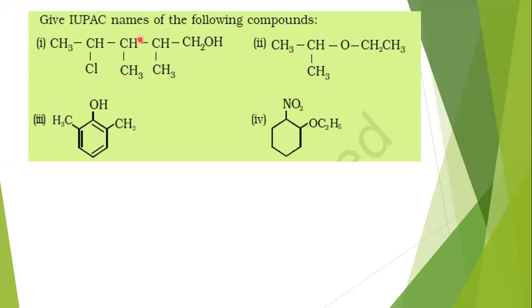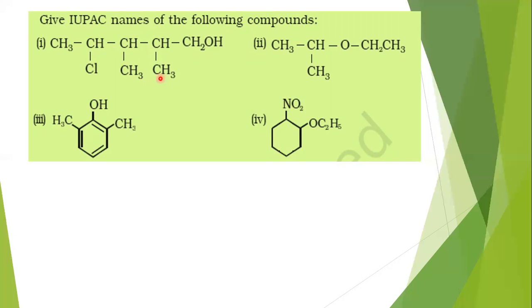So 1, 2, 3, 4, 5, derived from pentane. OH is present at this carbon, so numbering should be done from this end: first, second, third, and fourth. At the fourth carbon there is chlorine. At the second and third carbons, both contain a methyl group.